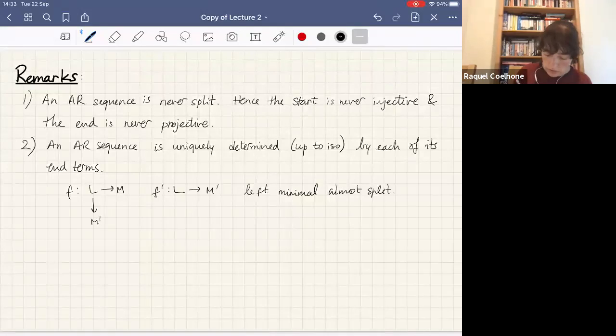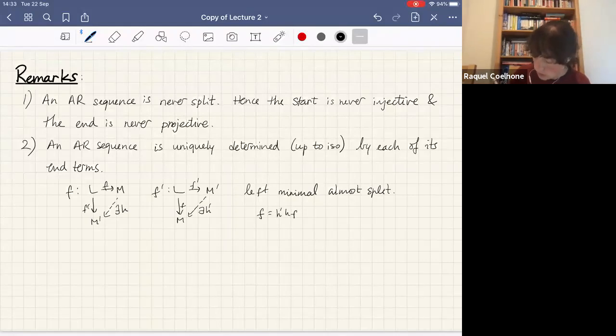Left almost split. So this means that there is a factorization here. So there's h here. Okay, and we can do the same here with f prime, and there's an h prime here, such that these two diagrams commute. So meaning f equals h prime h.